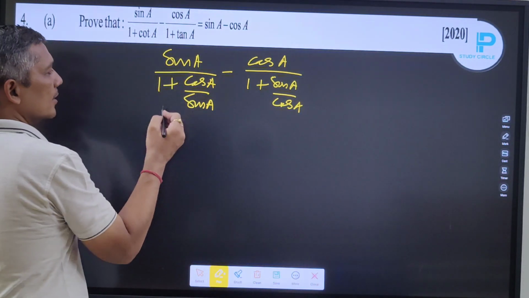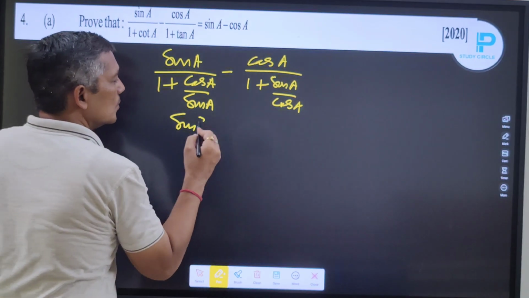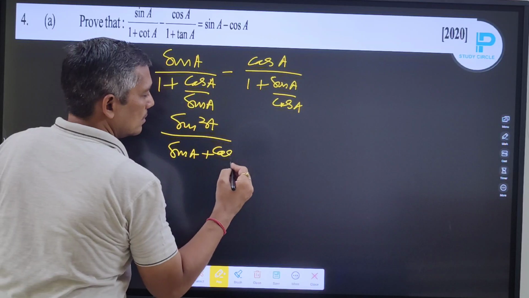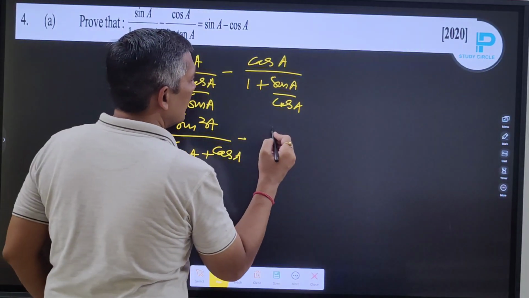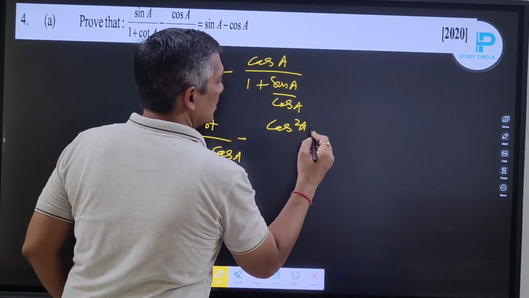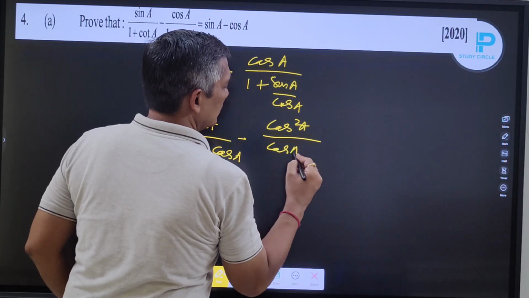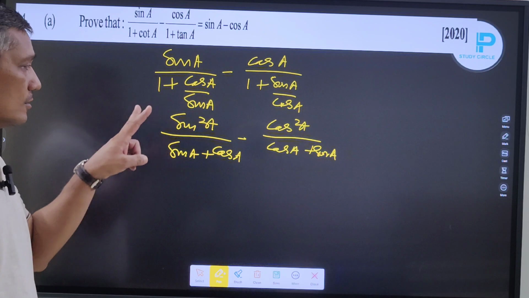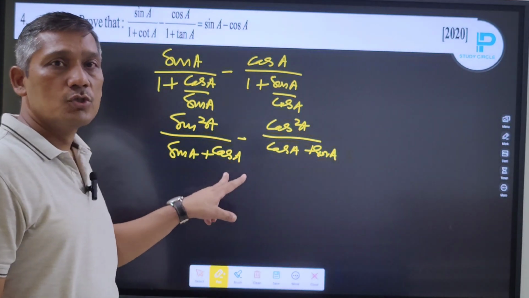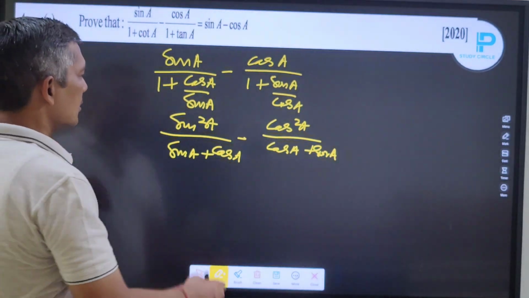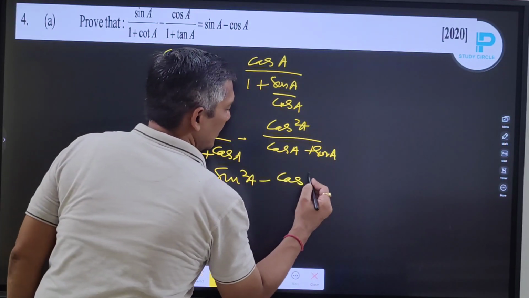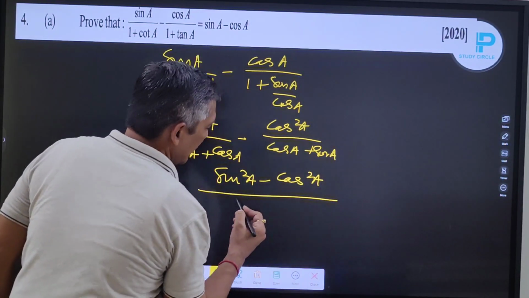If you take LCM here, this gives you sine square upon sine plus cosine minus cos square upon sine plus cosine. Denominator is same. There is no issue with denominator. What you should do? Simply take LCM once again. Sine square A minus cos square A.